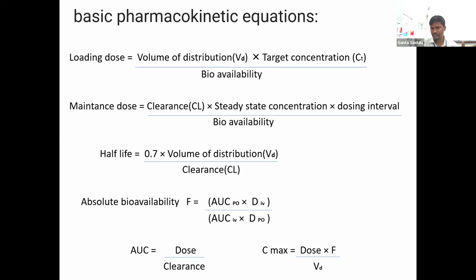For the required patient, we get the volume of distribution from the literature, and the target concentration we usually also get from the literature. If you have these two values from the different resources and apply these formulas, you can get the loading dose value. You can apply a similar formula for the maintenance dose, which we'll be discussing further.